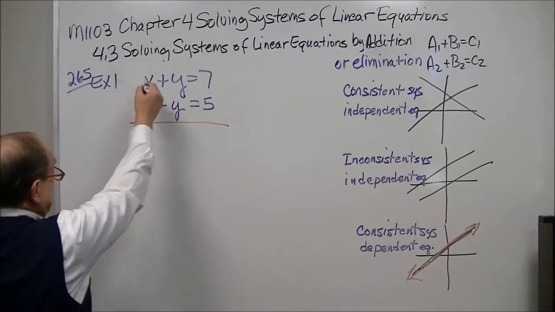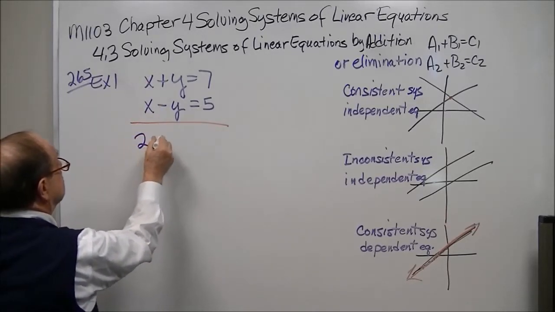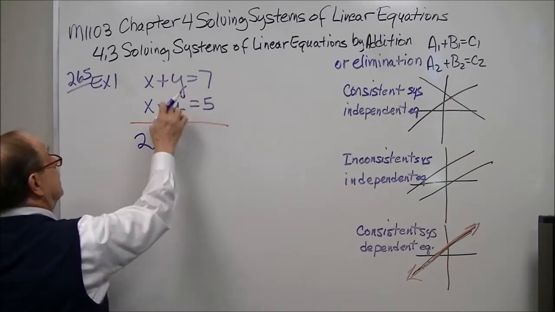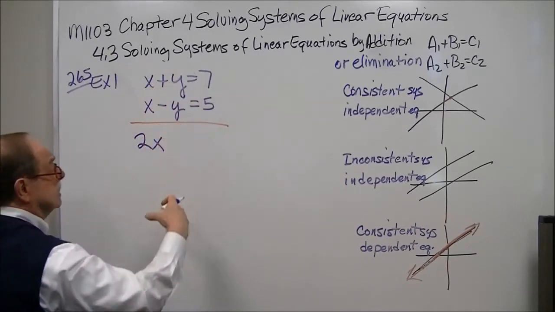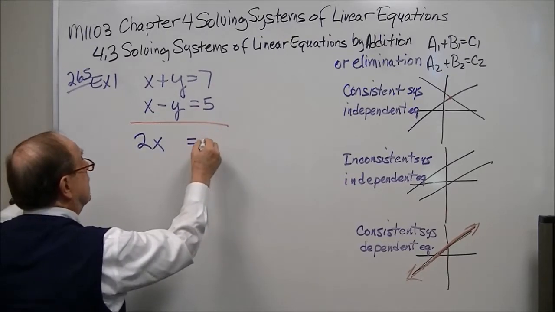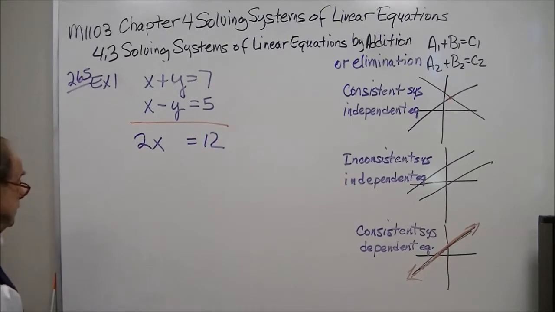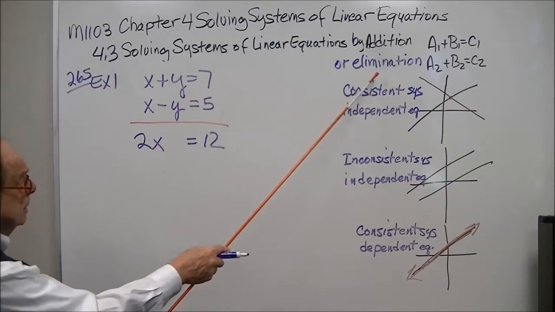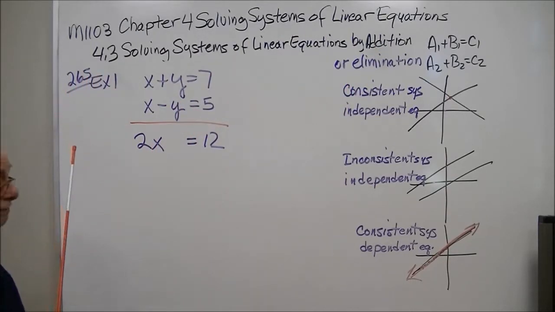We would get here, this is 2x. Now notice what happens. The y's cancel out. And we end up on this column with a 12. So what we have done is we have eliminated one of the letters through addition.